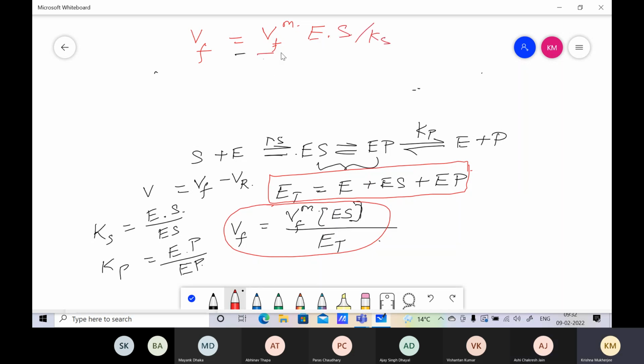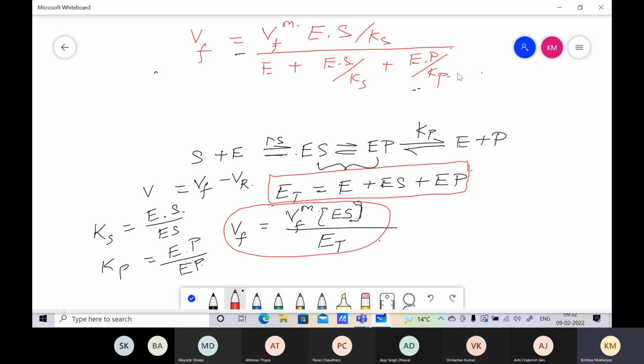And below we write E plus E into S upon Ks plus E into P upon Kp. Make sense?